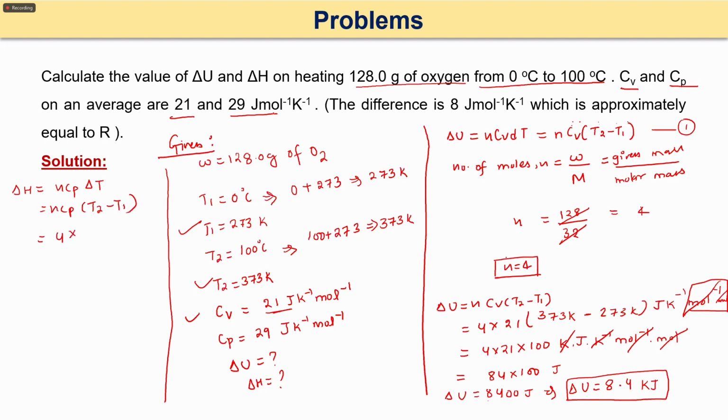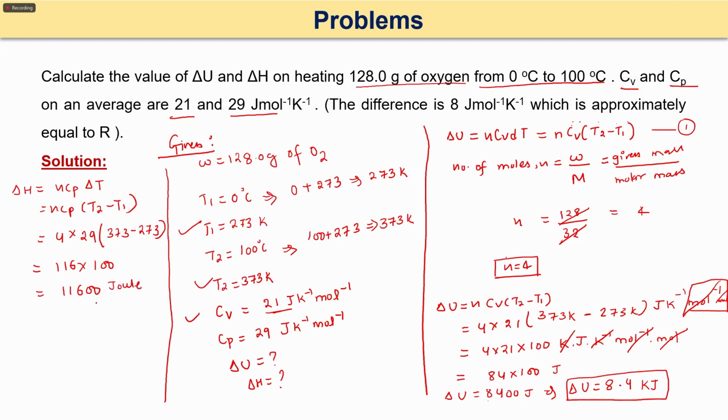Your Cp value is given as 29, and T2 is 373 minus T1 which is 273. Now let us calculate this. 4 nines are 36, and 3, 4 to 10... 116, into 373 minus 273 which is 100. So it will become 11,600 joules.